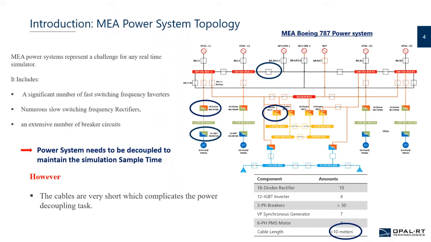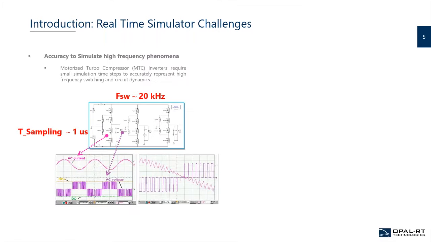So from this analysis of the topology, we can identify two major challenges facing real-time simulators in simulating more electric aircraft power systems. The first challenge is the accuracy to simulate high frequency phenomena.